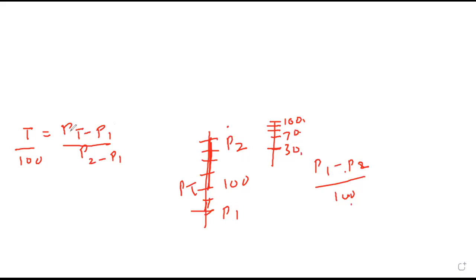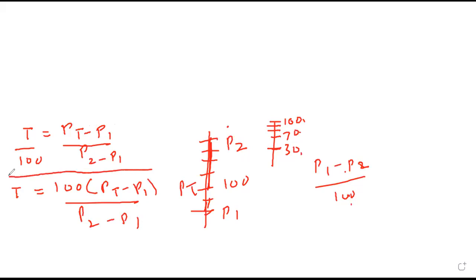Same way, if P1 is starting and PT is any temperature, the difference will give me the divisions. So temperature T is 100 into PT minus P1 upon P2 minus P1. This is one formula. If they change the scale not up to 100 but up to any temperature T, then correspondingly it will become T as original T into PT minus P1 upon P2 minus P1.